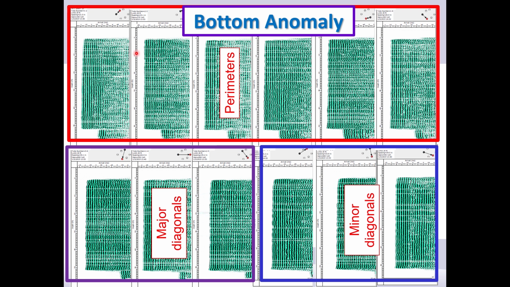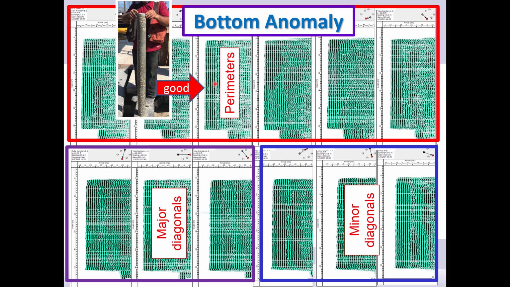Here's another one. This is a 6-tube shaft, and here we see all the perimeters. We see good quality concrete here, bad quality concrete down at the bottom, indicated by the delay in the signal. We can look across the major diagonals or the minor diagonals, and we still see the same problem in every single profile.